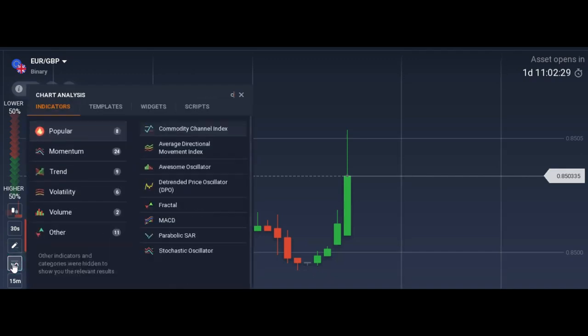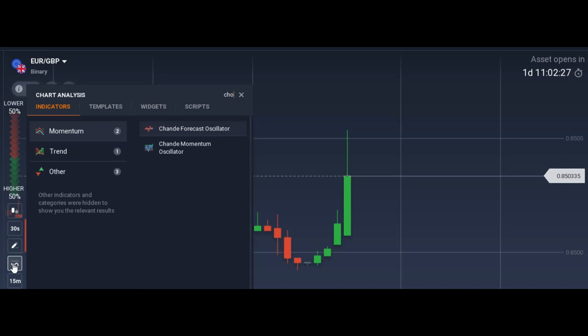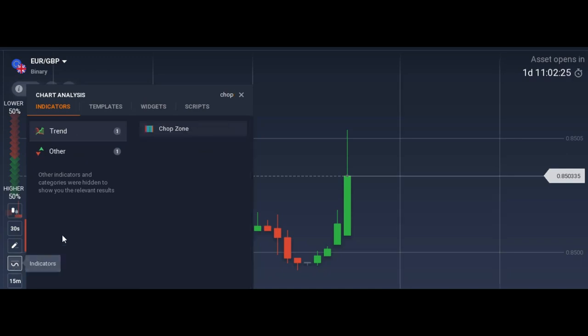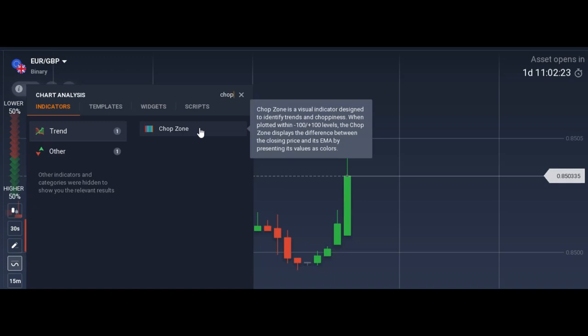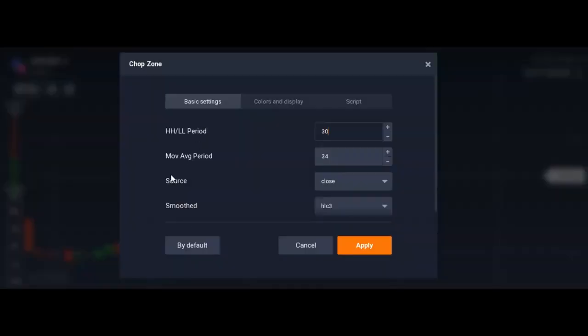So let's start. We will use the following indicators. Chop Zone. In period, we put 7. Period of the moving average, we put 10. In source, we put close.